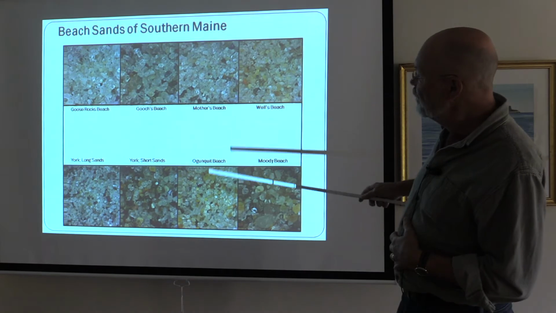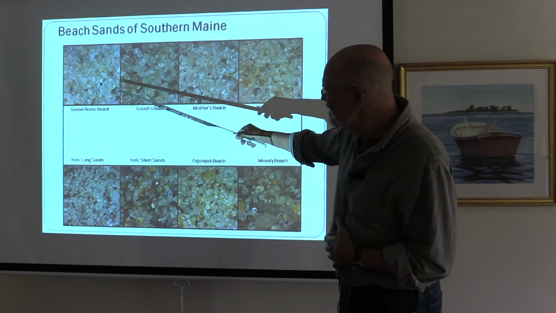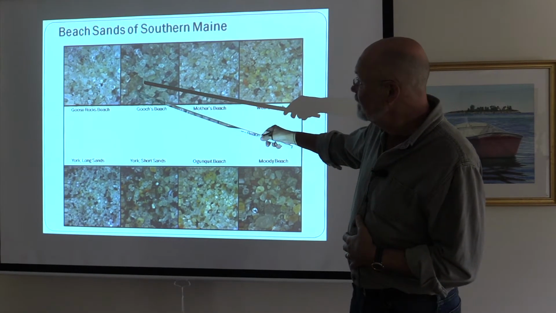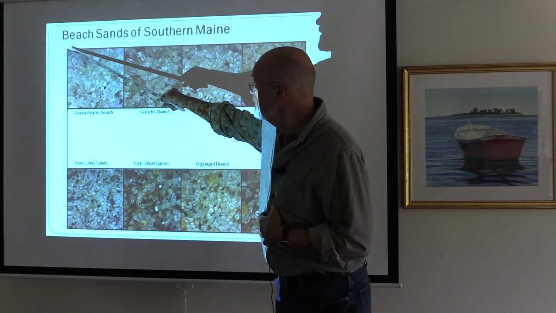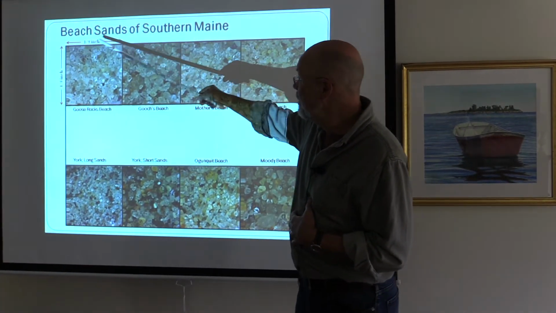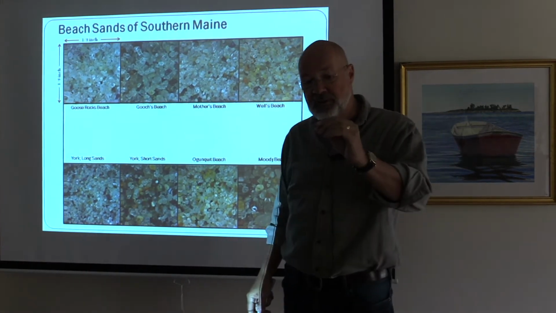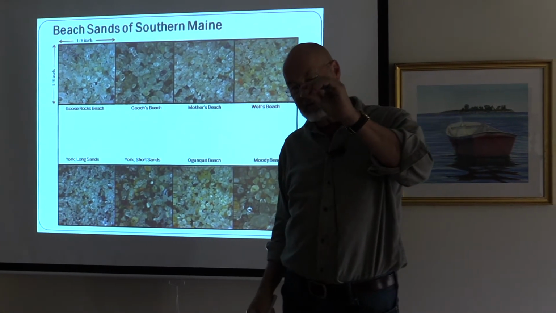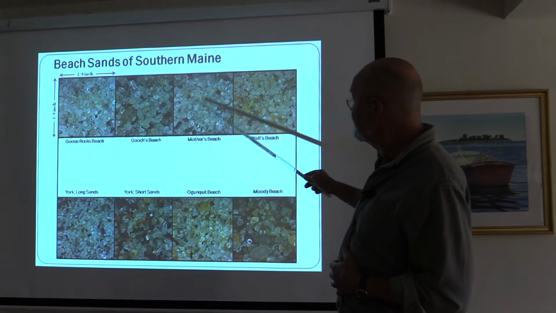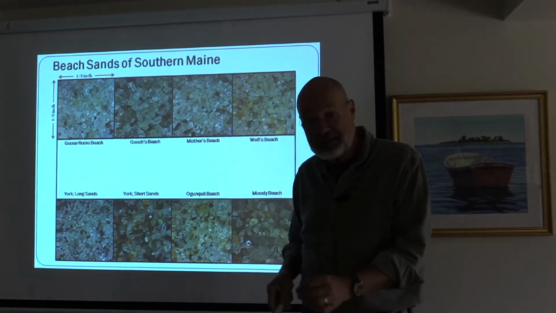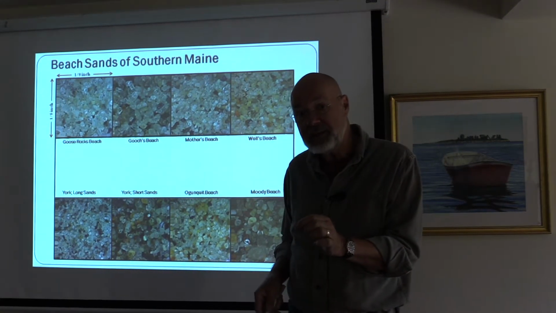Here are our different sands, and to give you an idea of the size, the next slide, please, is about 1/8 of an inch. So it's really small. It's like taking an inch and dividing it into 8 pieces. And every one of these is the same size on the ground. They're looking at 1/8 of an inch.